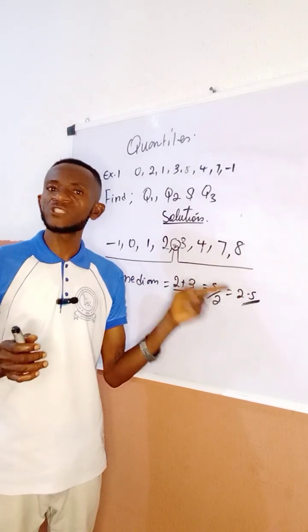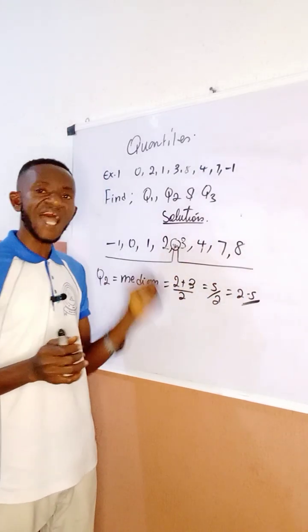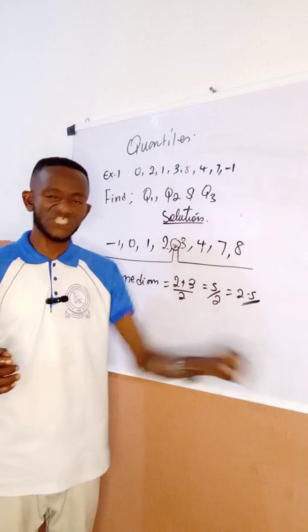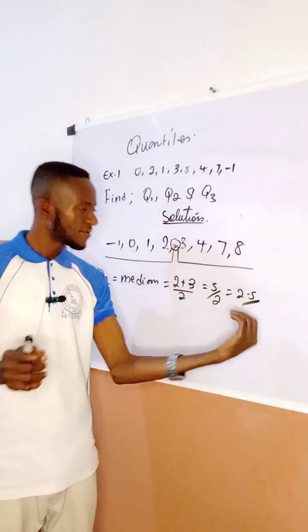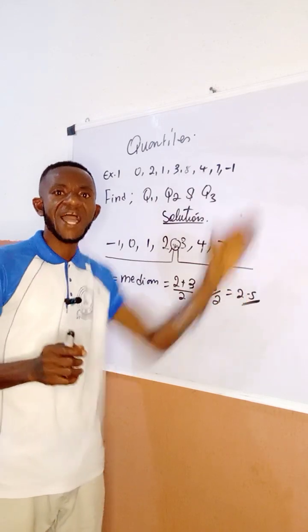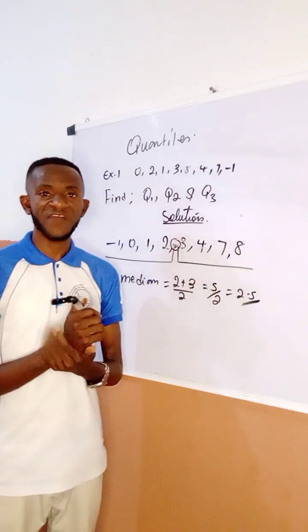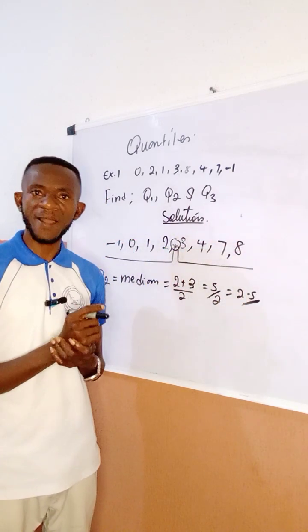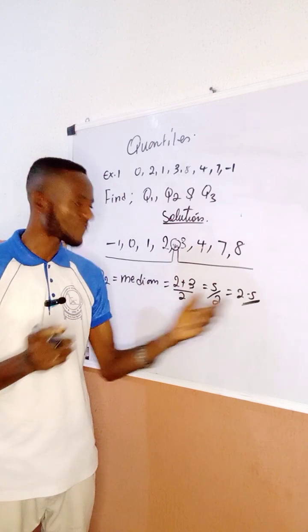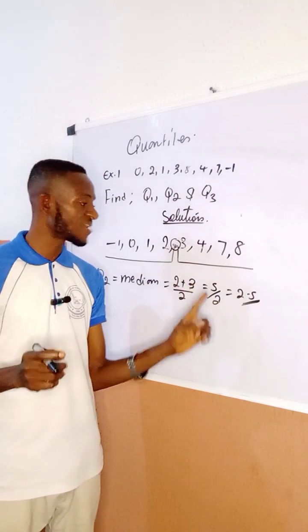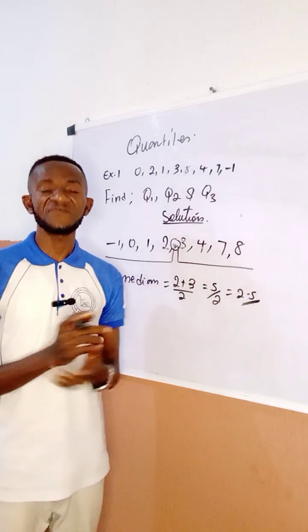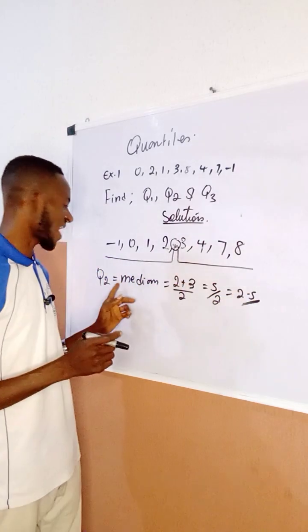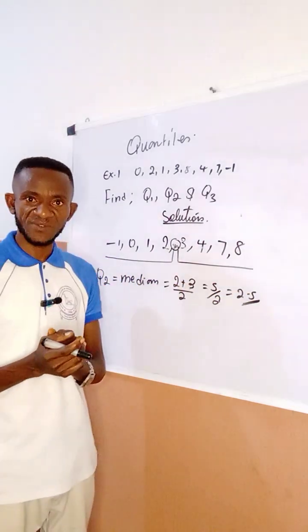And what we are saying by this 2.5 is that half of the distribution, or half of the data set, lies below 2.5 and above 2.5. That's what we are saying about the median. Half of the data set of the distribution lies below 2.5 and then above 2.5 for it to be the median and equally be the Q2.